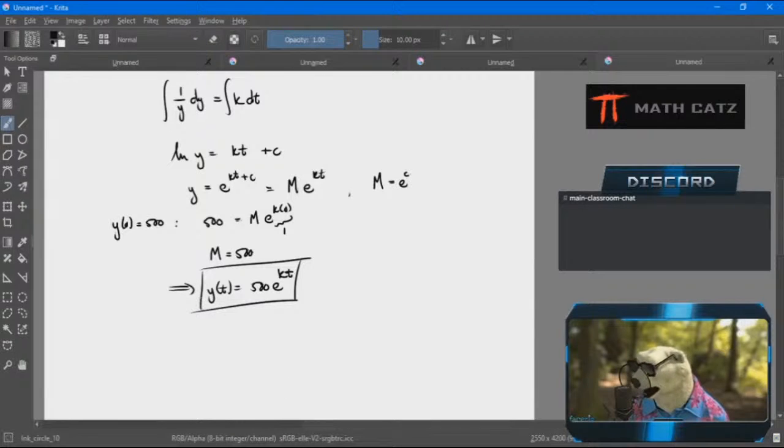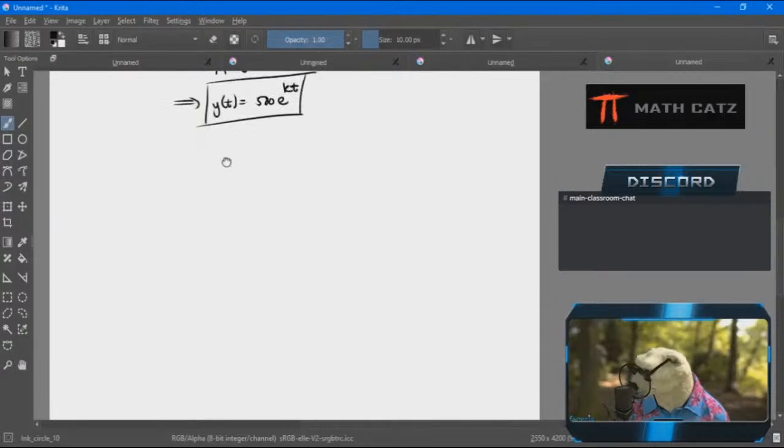Right now, I don't really care what information they give me. I just need information to get this growth constant K. So in this case, the information is the fact that after 6 months, I have 1,000 fish. Let's use that.